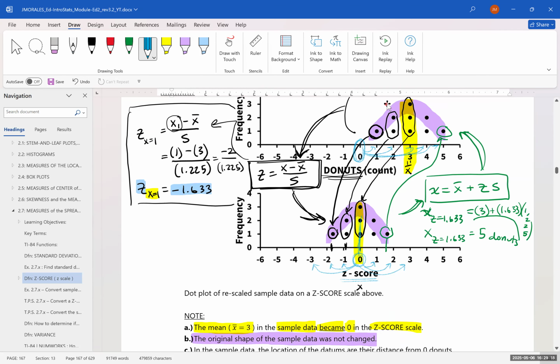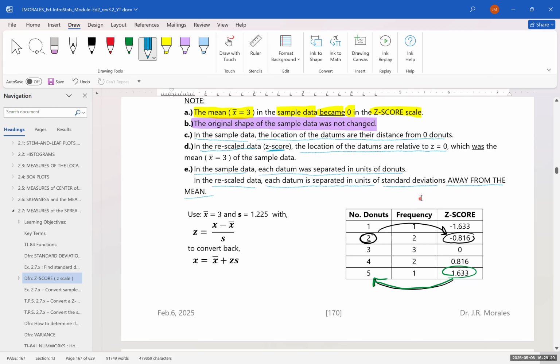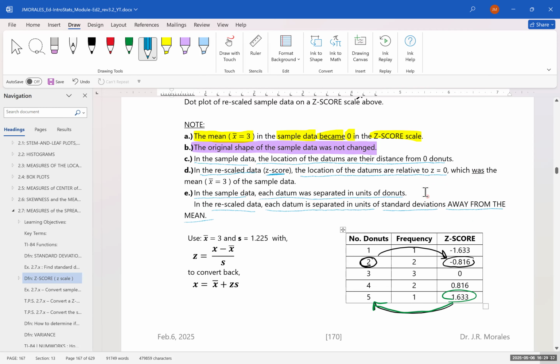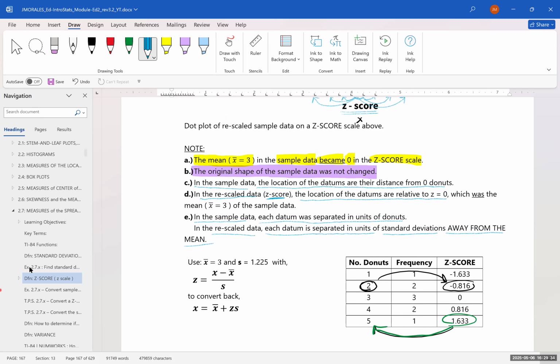And just notice that as you go from one scale to the other, you can go back and forth. You just have to use two equations that are inverse functions of each other. So that concludes this definition and example. Let me know if you have any questions.